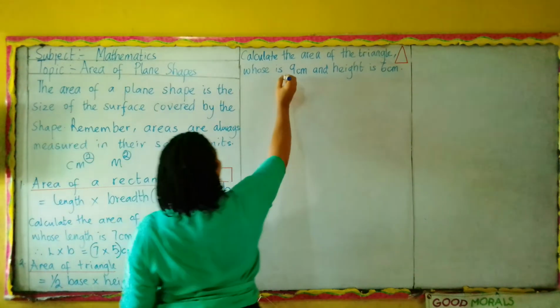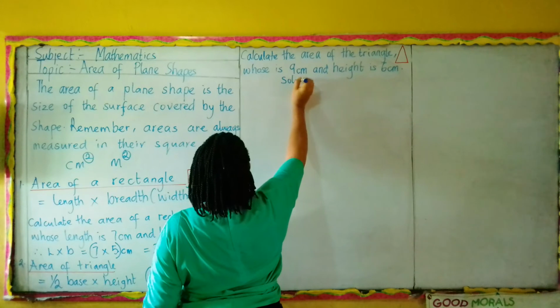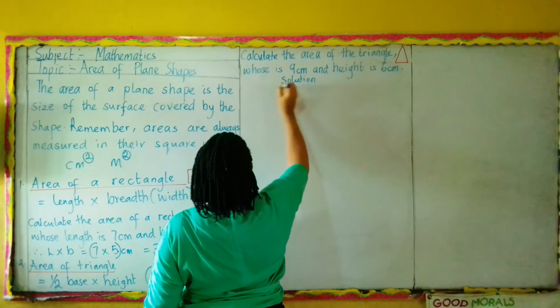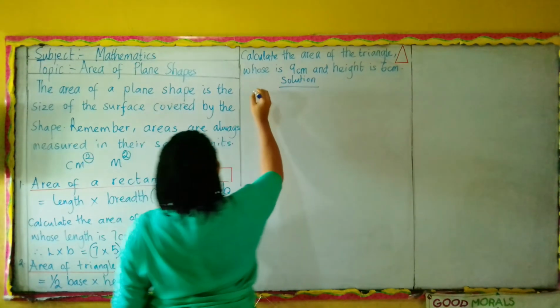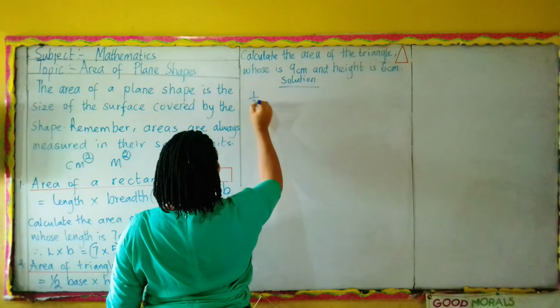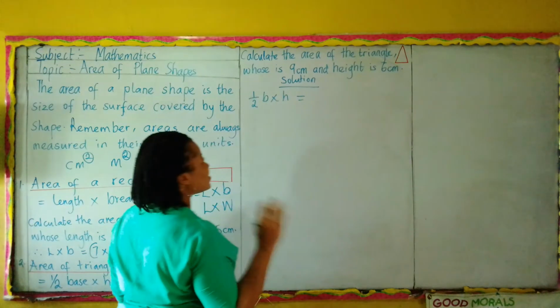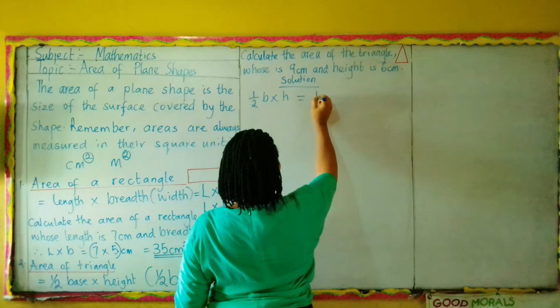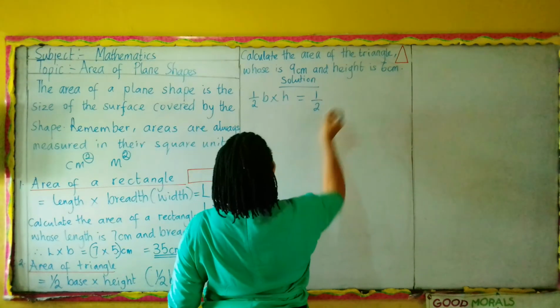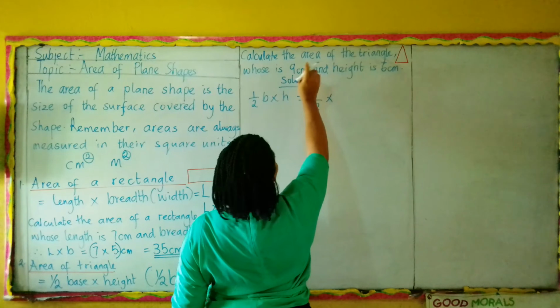So now to solve this, watch. I'm going to apply my formula: half base times height. Now I'll take it step by step. I'll write 1/2 as my half, then times my base.